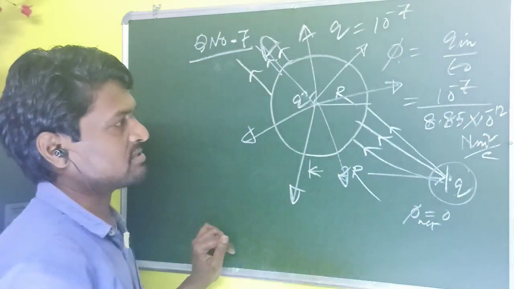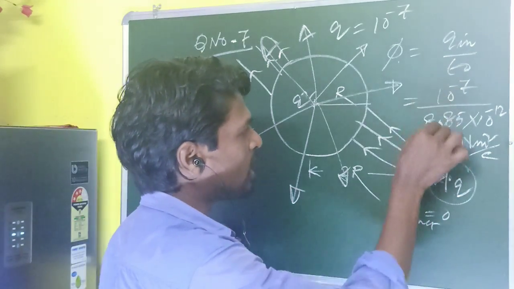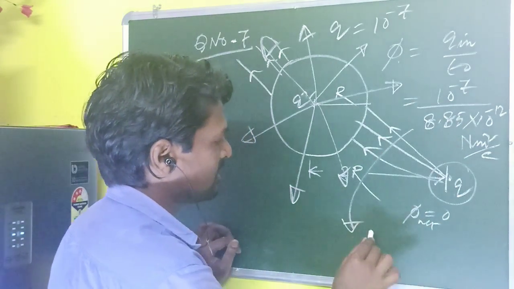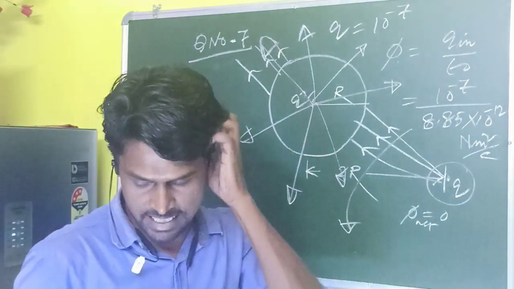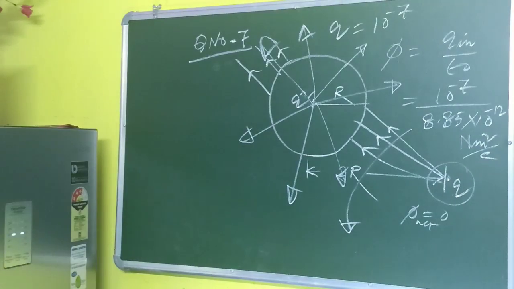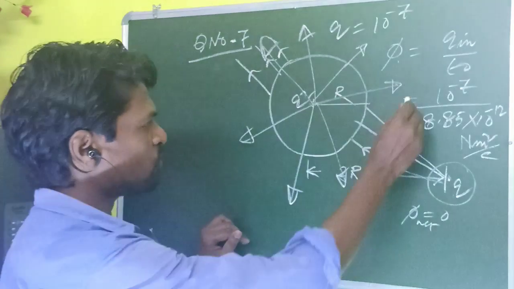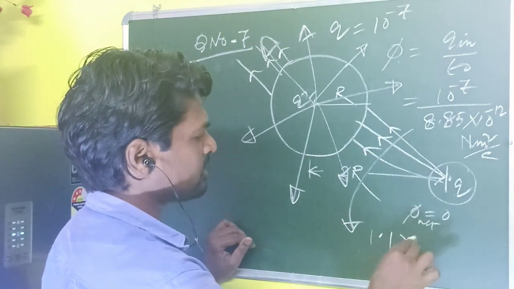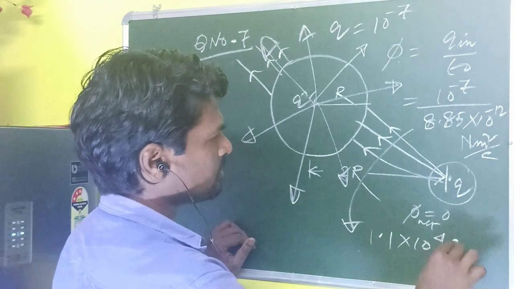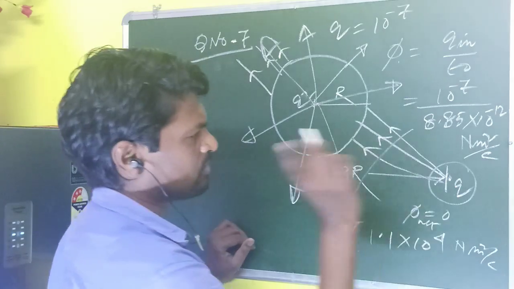So the final answer is this, and you have to calculate 1 by 8.85, which is so simple. The answer will be 1.1 into 10 to the power of 4 Newton meter square by Coulomb.